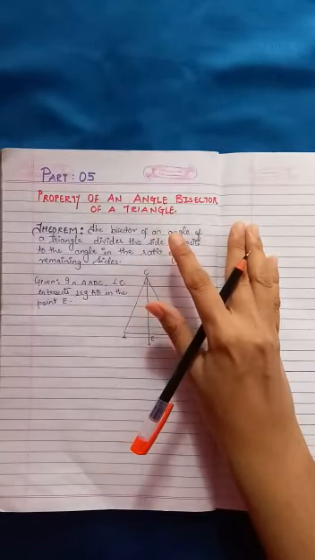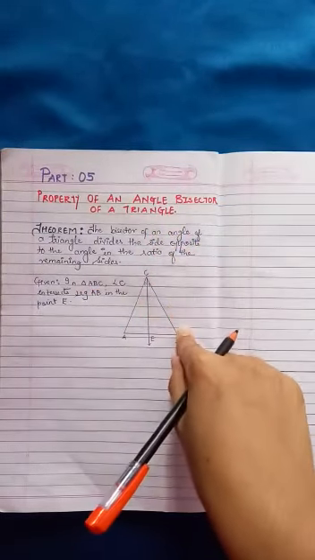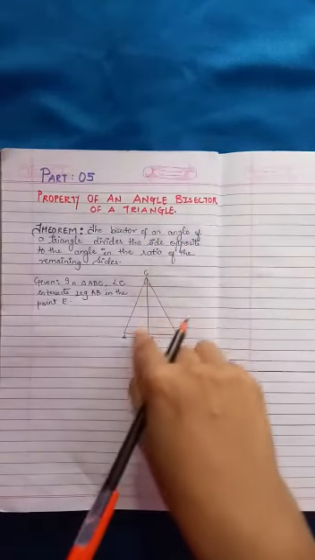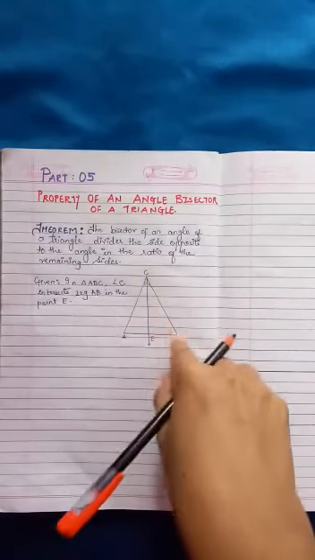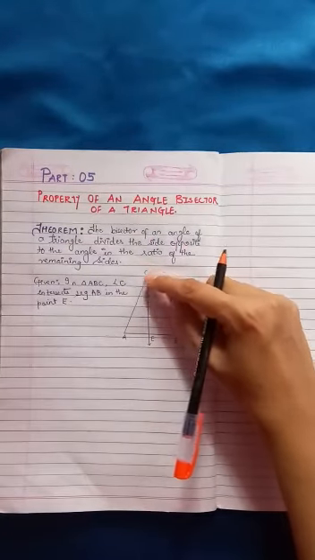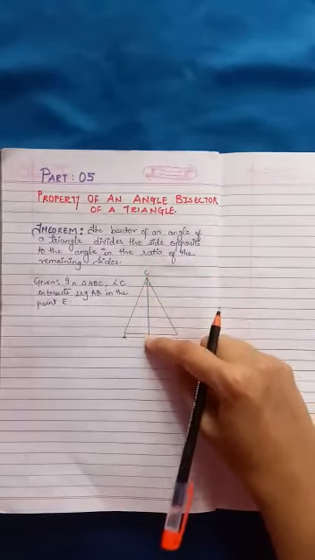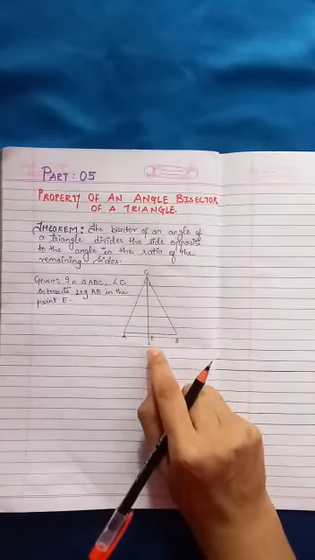I read the statement and the diagram was drawn as per the statement. What is seen in the diagram I have written here: in triangle ABC, the bisector of angle C intersects AB in point E.